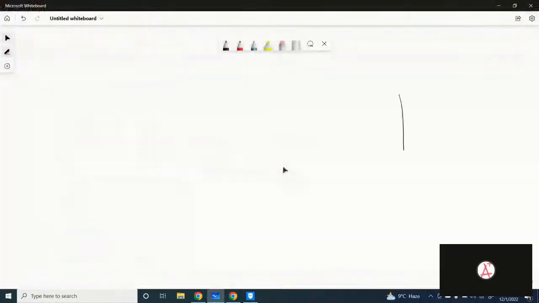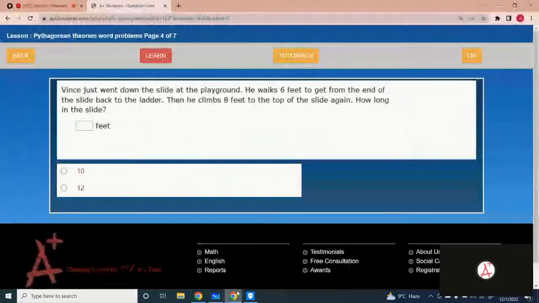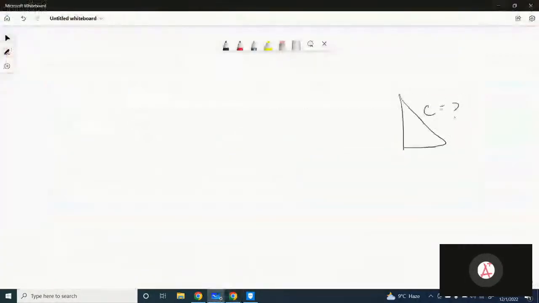This is the slide, you have to find the length of the slide. The other two measurements given are he walks 6 feet to get from the end of the slide to the ladder. Okay, so from here to here, he has to walk 6 feet.